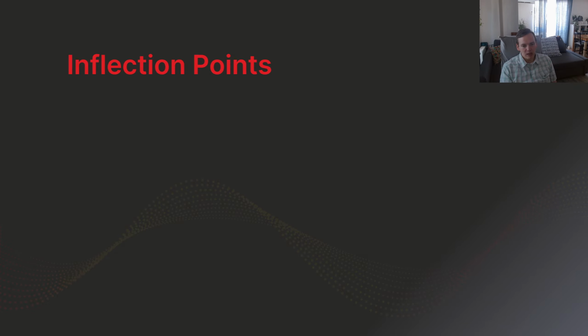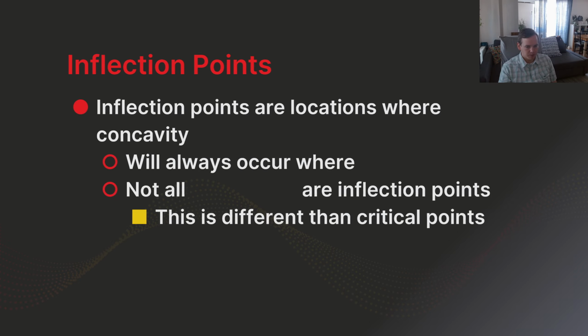Okay, now let's talk about inflection points. This is going to be similar but different to critical points. Just like with first derivatives we had critical points, with second derivatives we have inflection points. However, inflection points are only the locations where concavity changes.